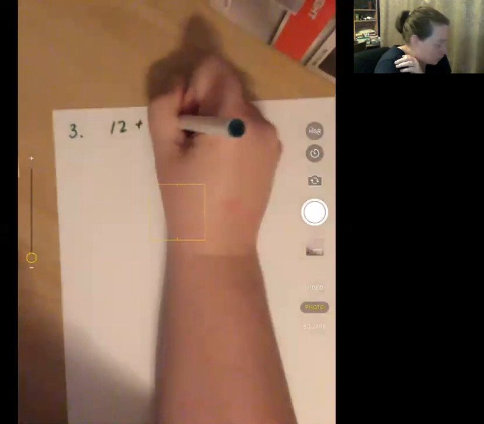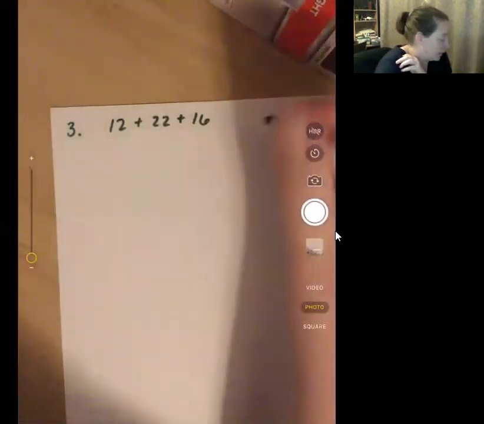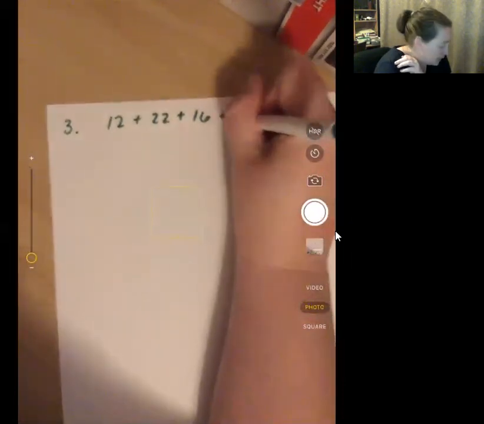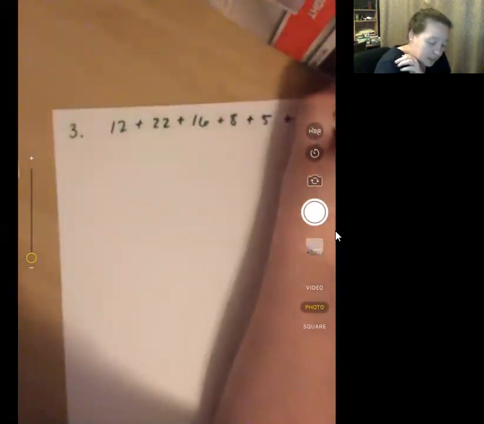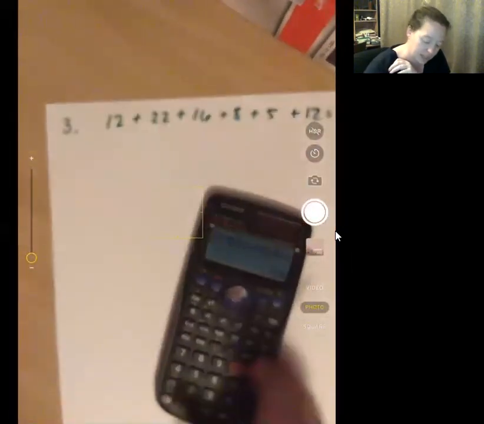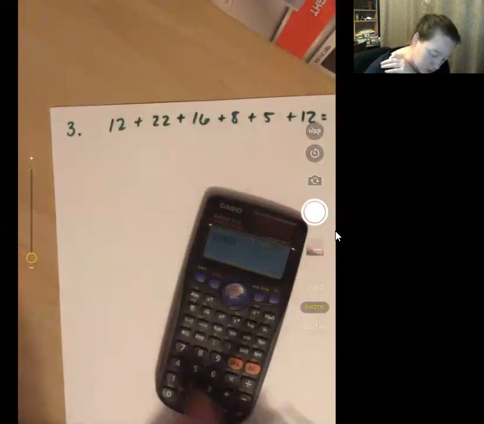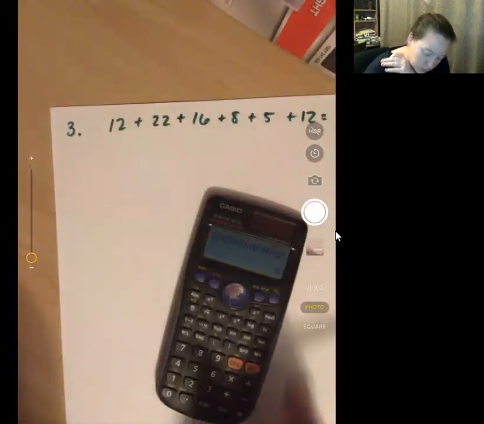So 12 plus 22 plus 16 plus 8 plus 5 plus another 12 is equal to, and I am once again getting out my calculator, 12 plus 22 plus 16 plus 8 plus 5 plus 12 equals 75.